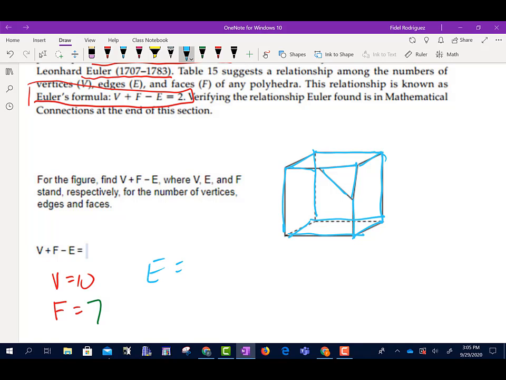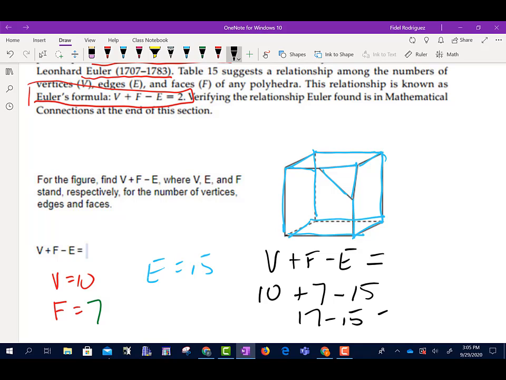So edges is 15. Okay, so now I'm going to go ahead and use our formula, V plus F minus E. So vertices was 10, faces was 7, edges is 15. So that's 17 minus 15, which is equal to 2. Okay.